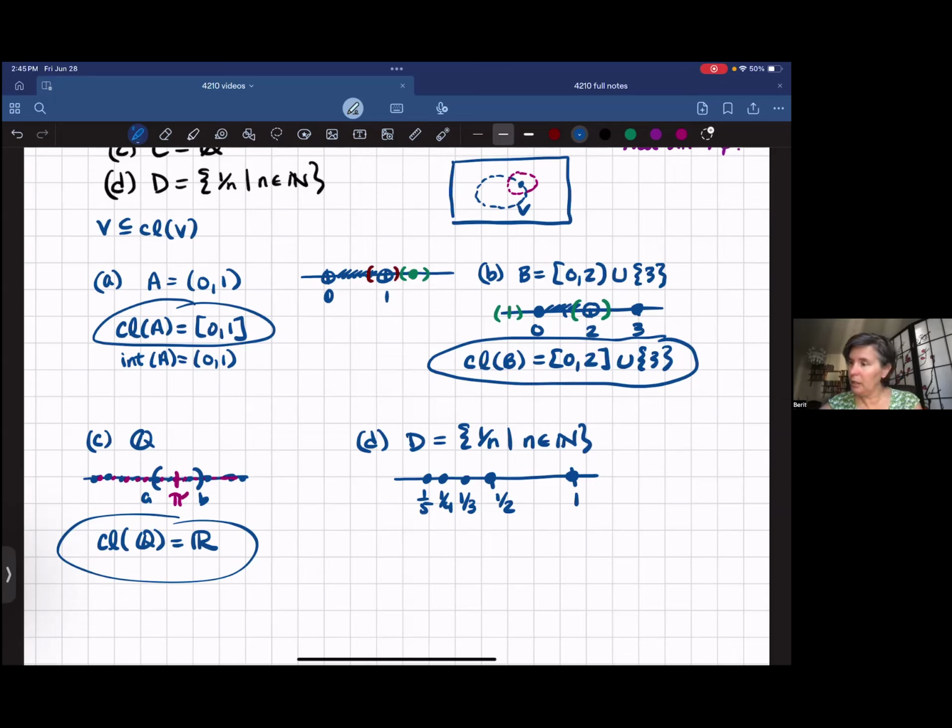Okay. So for example, if I looked at a point up here, more than 1, I can put an open interval around that point that doesn't touch D. What if I look at a point between 1 and 1/2? I can put an open interval around that point that doesn't touch D. What if I look at a point between 1/4 and 1/5? I think 2/9 is in there.